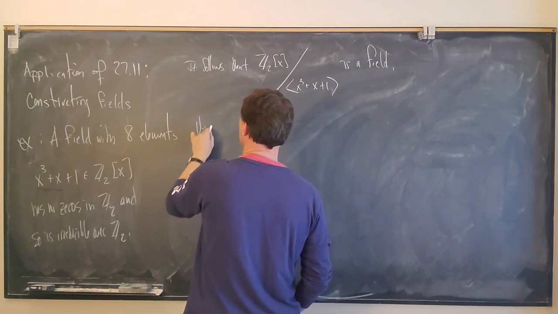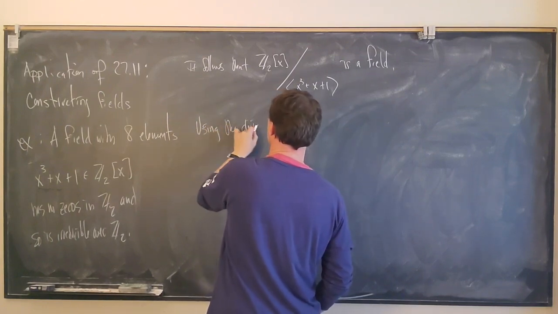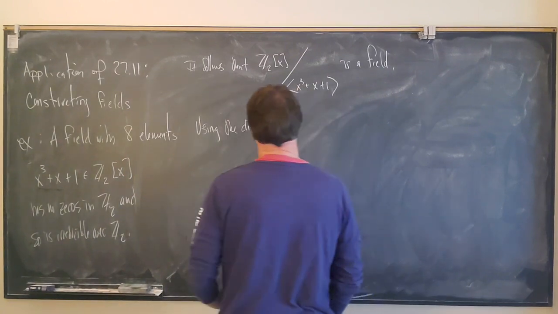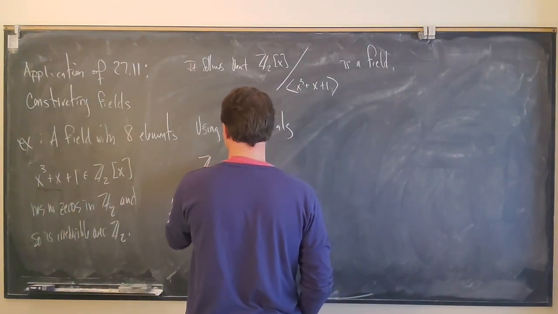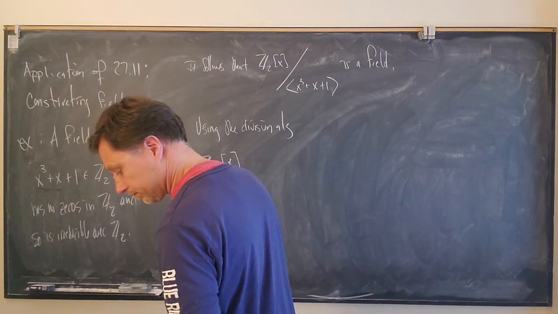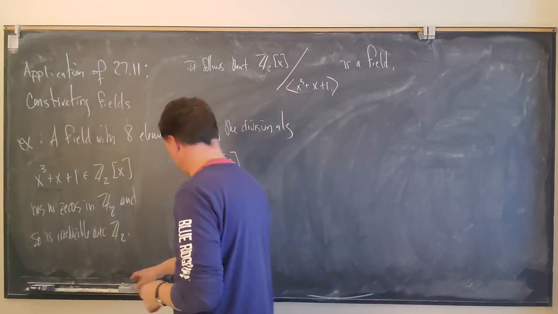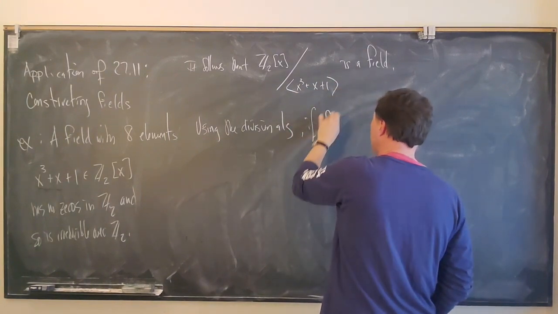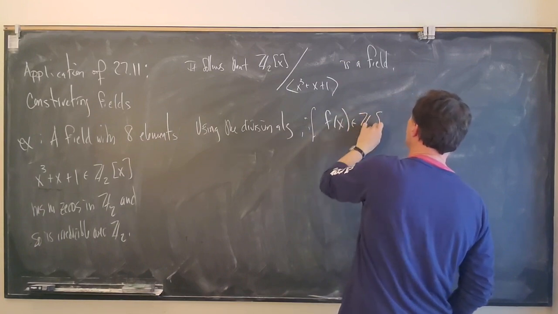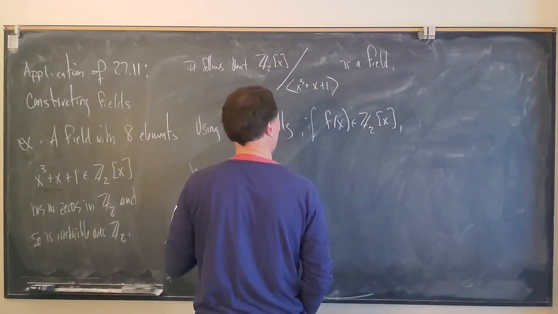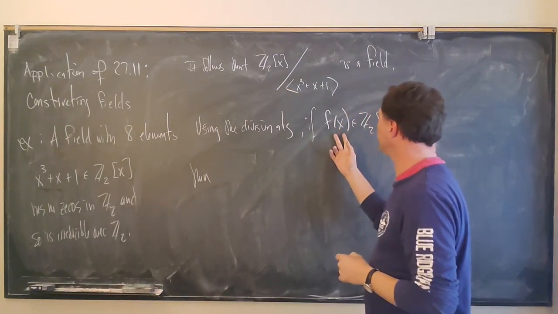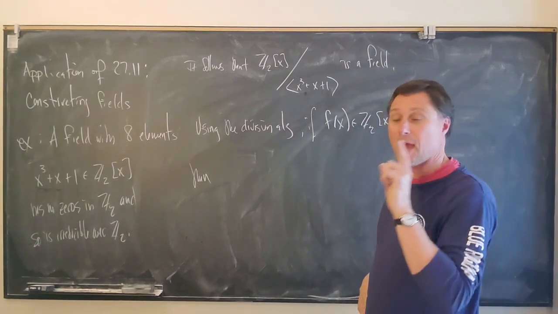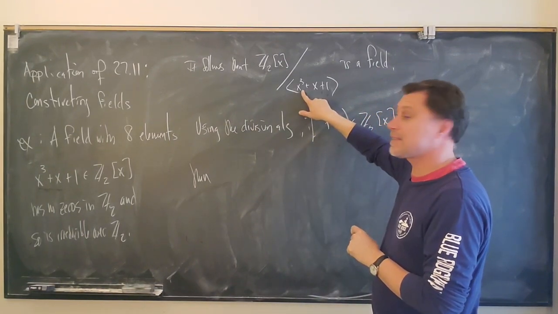If f(x) is in Z_2[x], then we could write f(x) as x cubed plus x plus 1 times some other polynomial plus a remainder, and that remainder will have degree strictly less than 3.